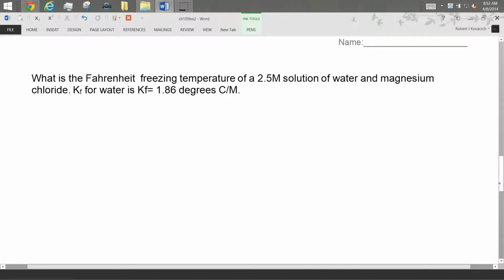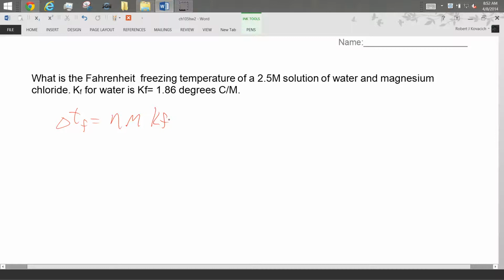What is the Fahrenheit freezing temp? Okay, so that makes this one a little more tricky. So I've got the change in the temperature of the freezing is equal to N m Kf, and I've got magnesium chloride, and what's the N value in this problem? How do I get that? So that's the number of moles? Yeah.